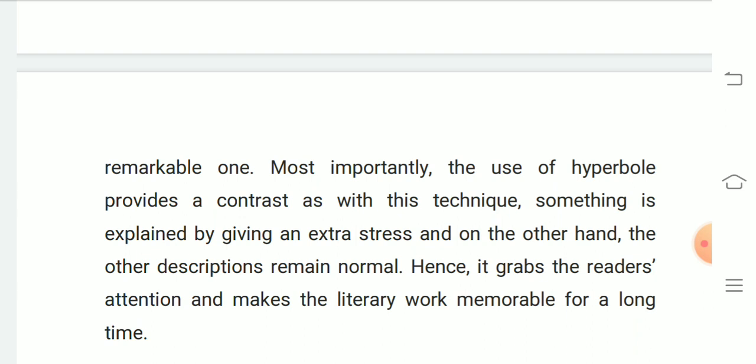And one thing more I would like to add here is that there's a contrary figure of speech, that is understatement.